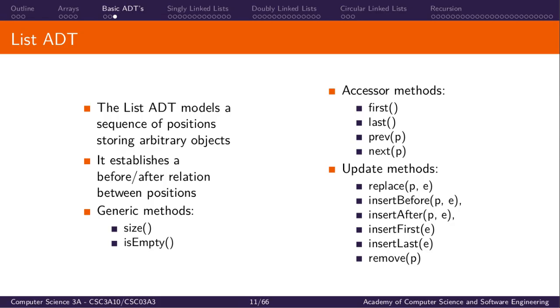I simply access the node and I can replace or set the element of that node to E. Then insert before, well, if I have access to P and I can get to the node that occurs before it, then I can update that node's next and P's previous to be able to add a new node between them, and I set that particular node's element to E. Right, very similar to the insert after that we looked at just now.